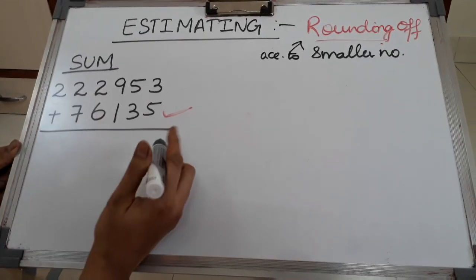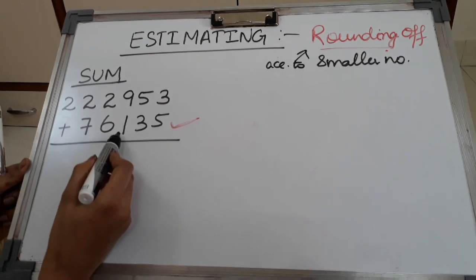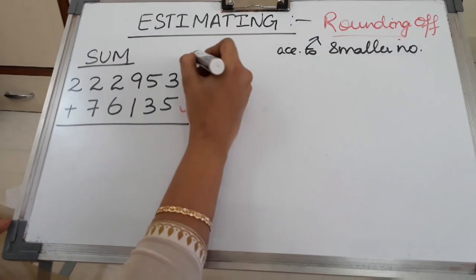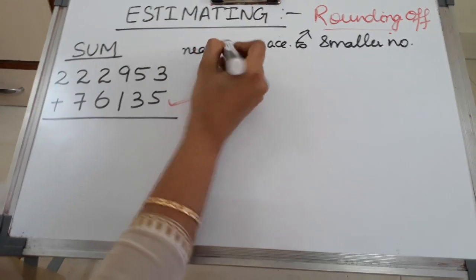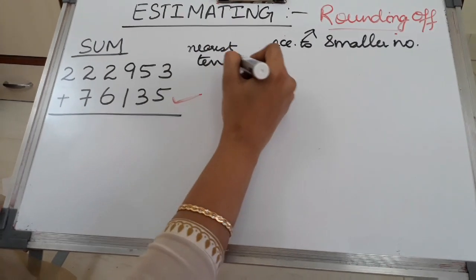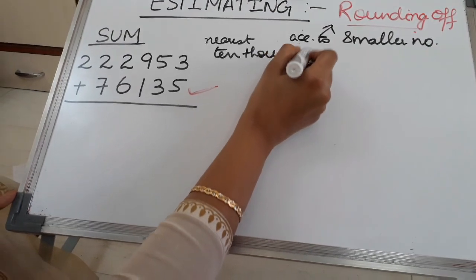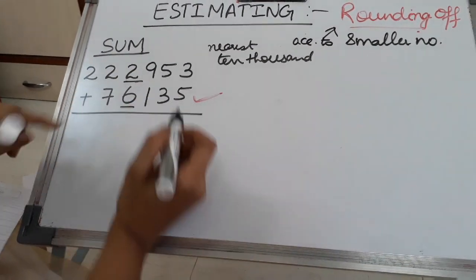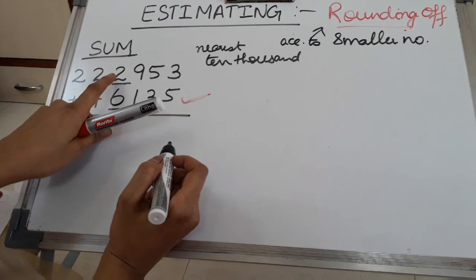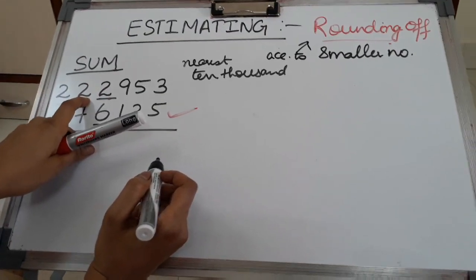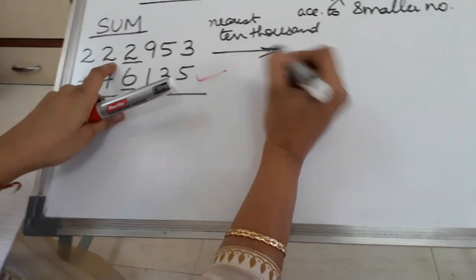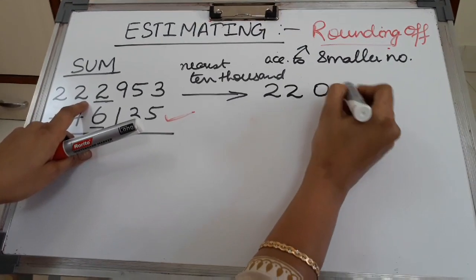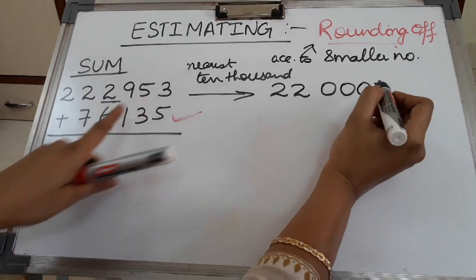Okay, so we see here ones, tens, 100, 1000, 10,000. So we will round to the nearest 10,000 value. For the nearest 10,000, we have to see the 1000th value to round off. Now 2 is smaller than 5, so we keep this number unchanged, and our rounded number will be 2, 2 and subsequent zeros.